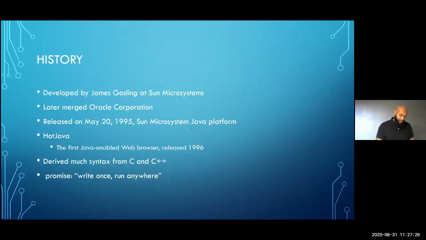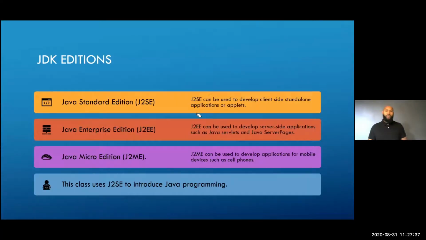So again, the promise: write once, run anywhere. That's because Java uses the Java virtual machine. And if you recall, a virtual machine is created to run any type of software or operating system on top of another operating system and on top of the hardware.